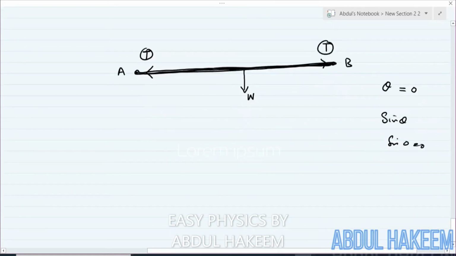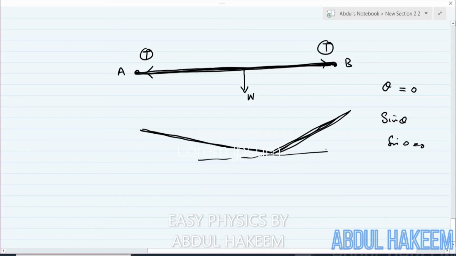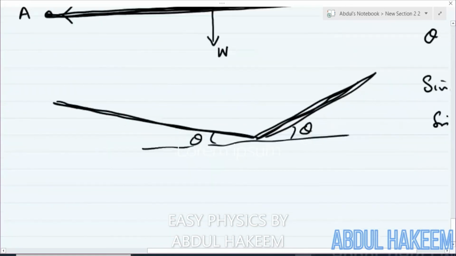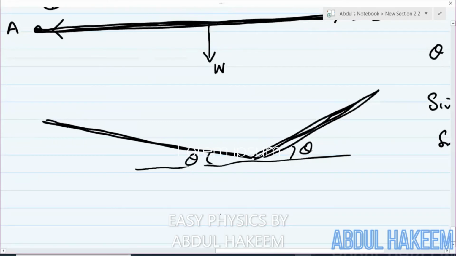So when a rope is pulled at both ends in the opposite direction, it has some angle with the horizontal line, like this. This is theta, maybe 0.5 degree, maybe 1 degree. So we cannot make the rope 100% horizontal because when it is horizontal, then the y component becomes 0.